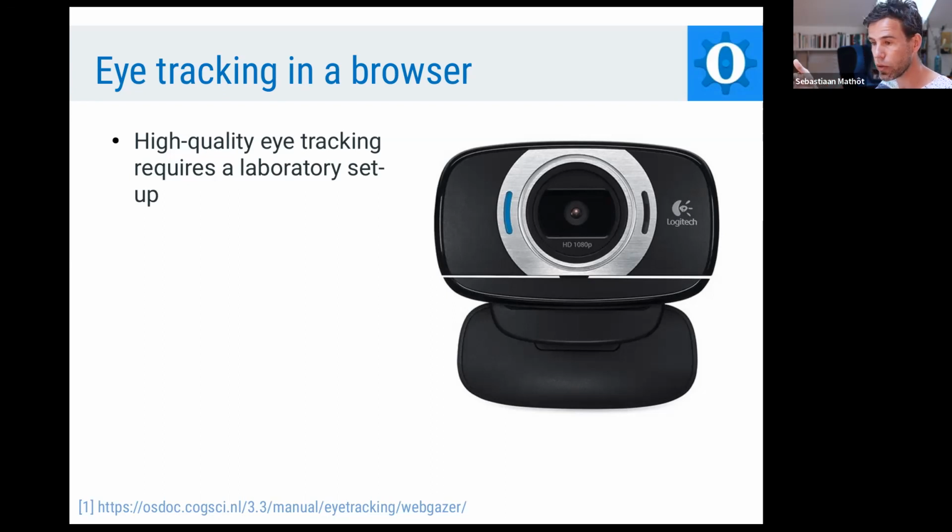These LEDs are lights that are difficult to see because they're in the infrared spectrum. They seem a little bit reddish, but most of their light is emitted in a spectrum that we can't see. These lights shine onto the cornea, the surface of the eye, and they reflect. Then you get what they call a corneal reflection. It's like a big bright spot in the eye, only in the infrared spectrum.